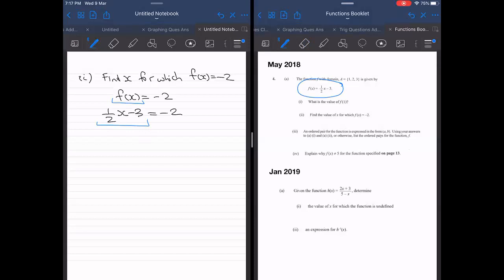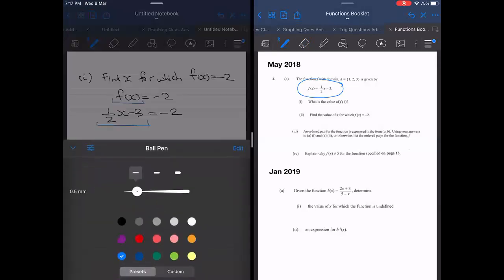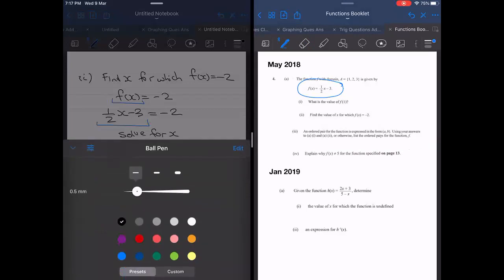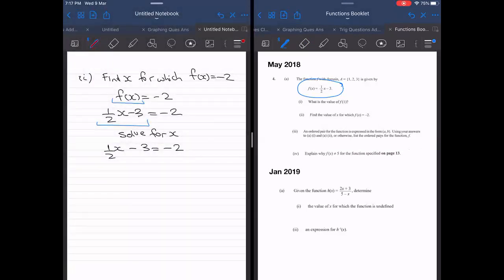And then after that, you're just going to solve. Whatever they tell you f of x is equal to, you set it equal to it, and then you solve for x. For some of you who were having the solving problem, I sent you a link to some videos you could watch. So I hope you will get a chance to watch them.